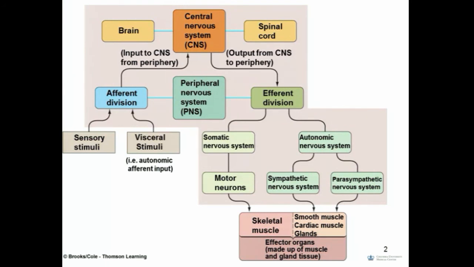The somatic nervous system is comprised of our motor neurons, our motor nerves. Motor nerves innervate skeletal muscle. This is the arm of our efferent division that we voluntarily control.